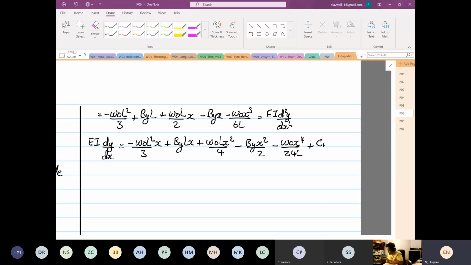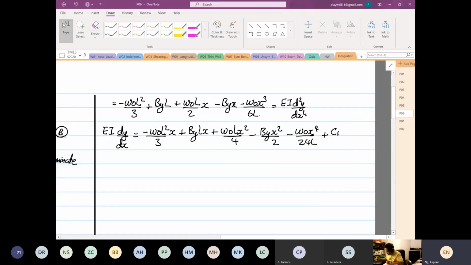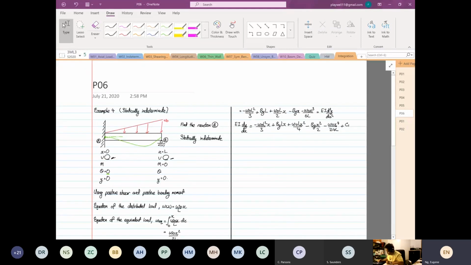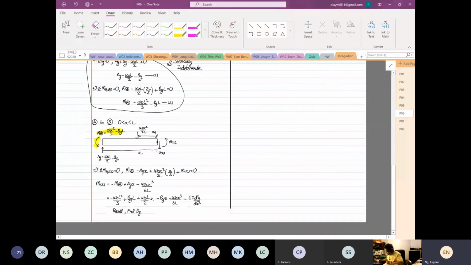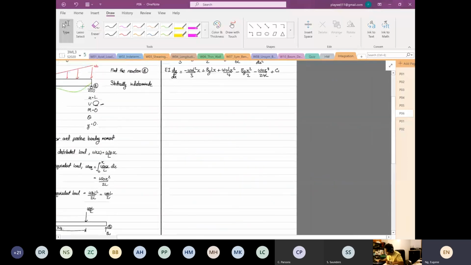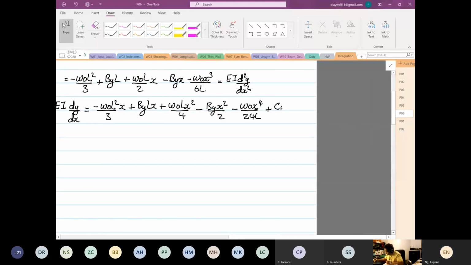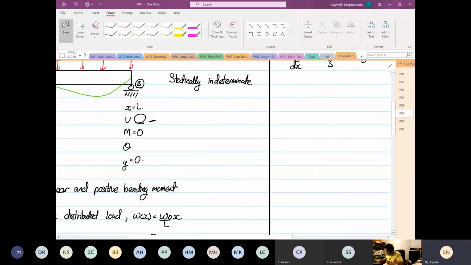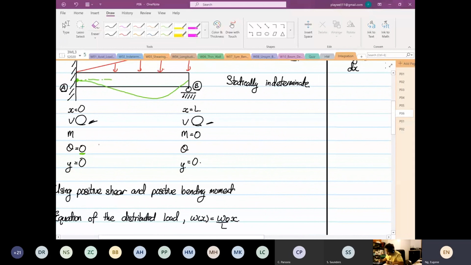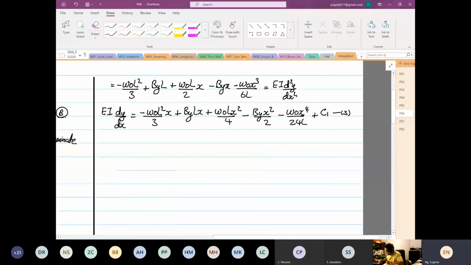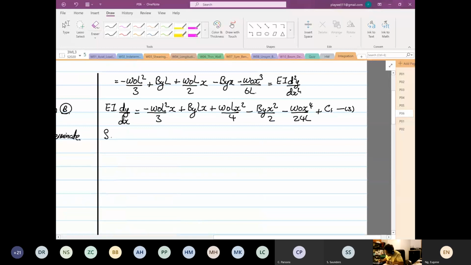So we can now substitute. I'm going to call this equation, did I write equation number yet? So 1, 2. So this will be my equation number 3. From here, we can substitute one of the boundary conditions where x is equal to 0, theta is equal to 0. So we substitute x is equal to 0, dy by dx, which in this case is also equal to theta, the whole thing equal to 0.